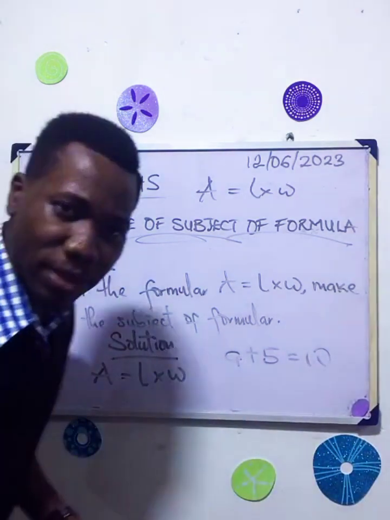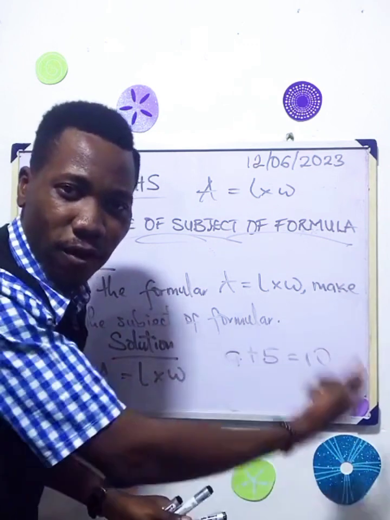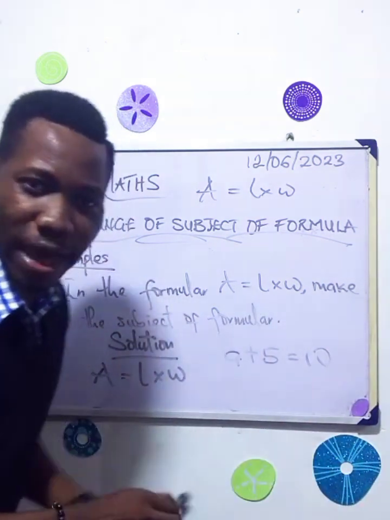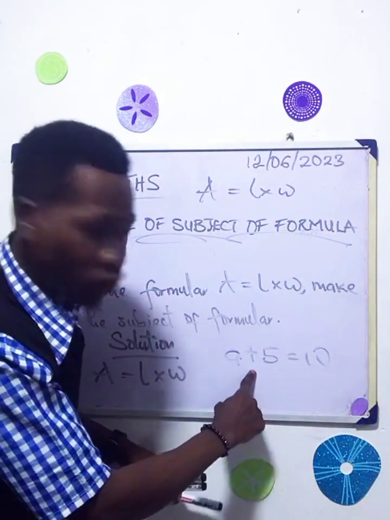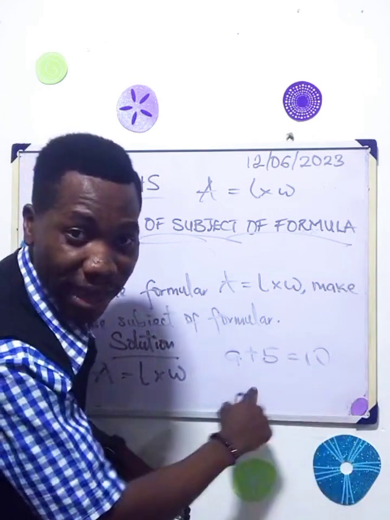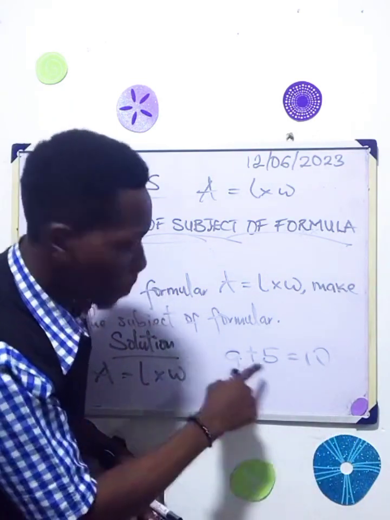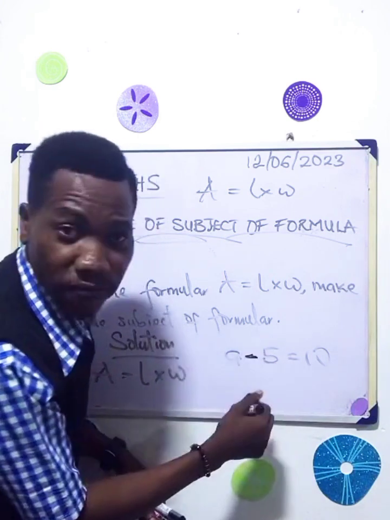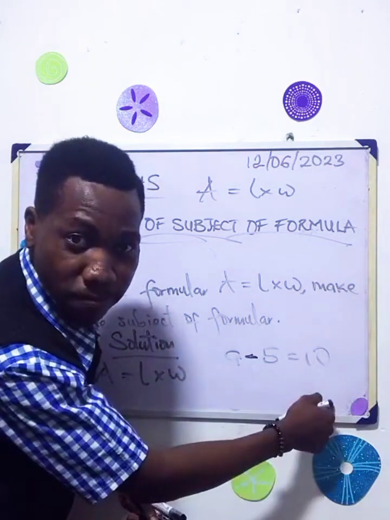What is actually happening is that for you to solve things like this, you will take the inverse operation of what you have. I need the value of A, so I need to deal with this plus. What I'm going to do is subtract 5 from both sides. What I have here is plus 5. If what I have is minus 5, I will add 5 to both sides.